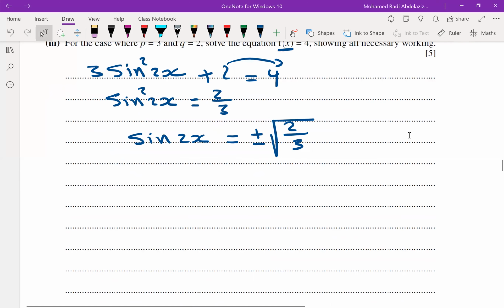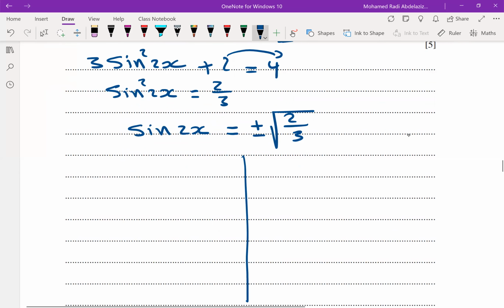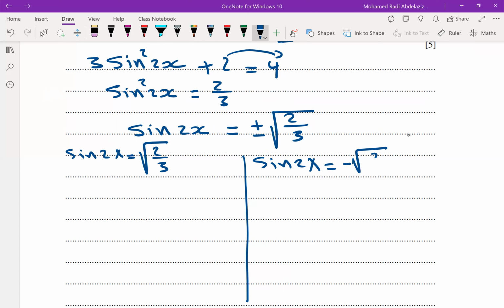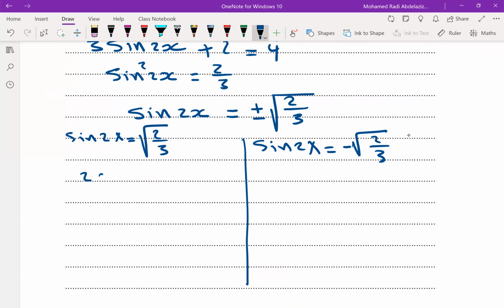Then we have sine 2x equal to root 2 over 3, and sine 2x equal to negative root 2 over 3. To get the basic angle of 2x, just use shift sine root 2 over 3.